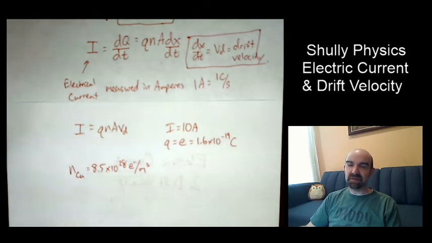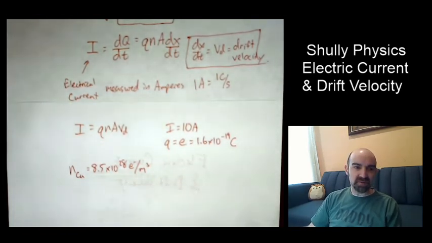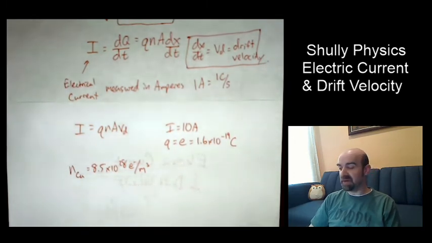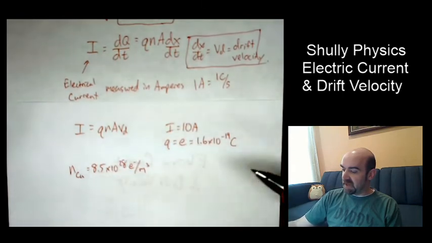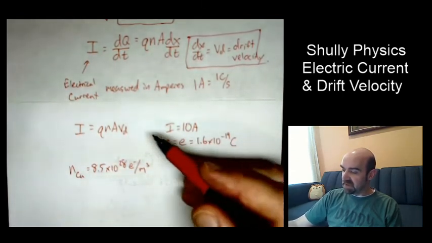That's a measurable value. If you look it up on a chart or in a book, you'll find that value for copper. Aluminum has a different N, gold, platinum, all those different metals will have a different N value. But for copper, it's 8.5 times 10 to the 28.